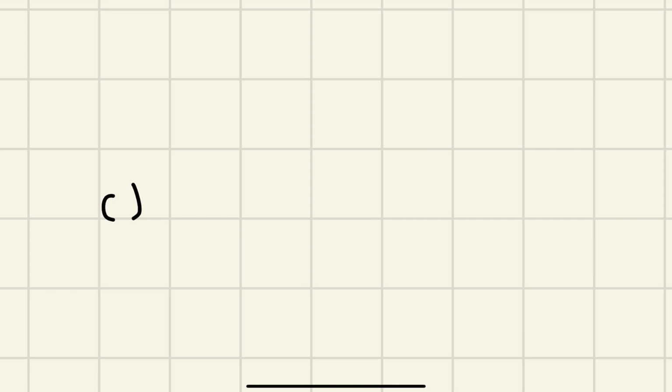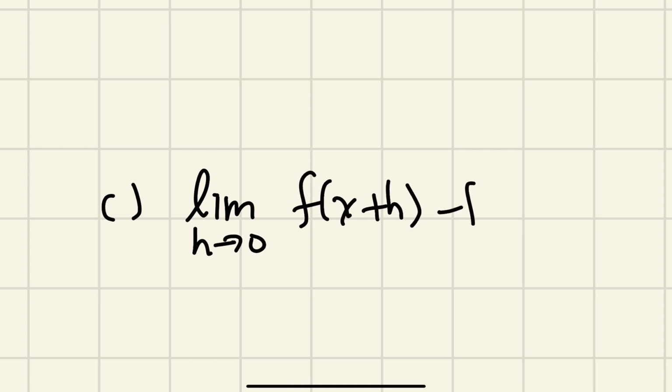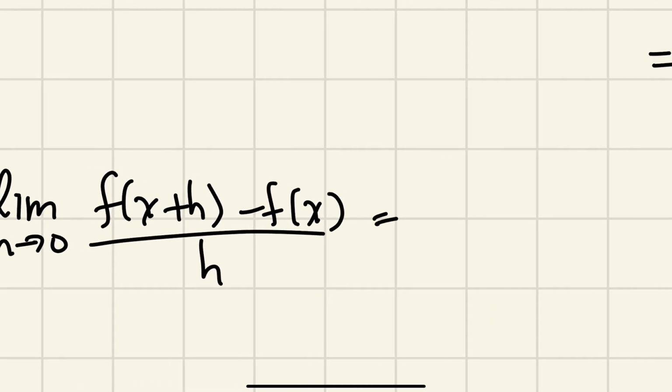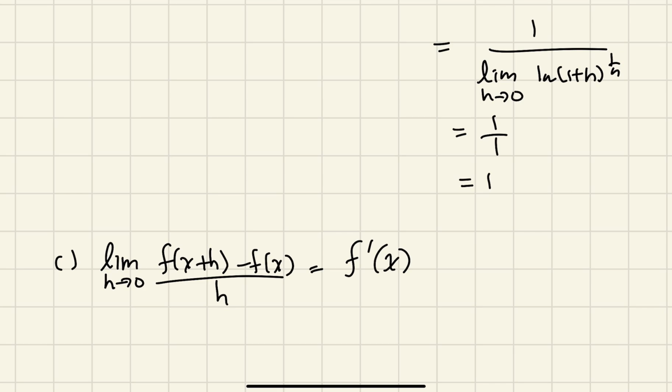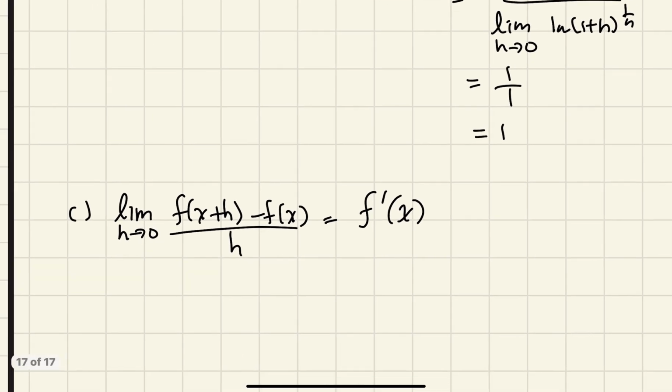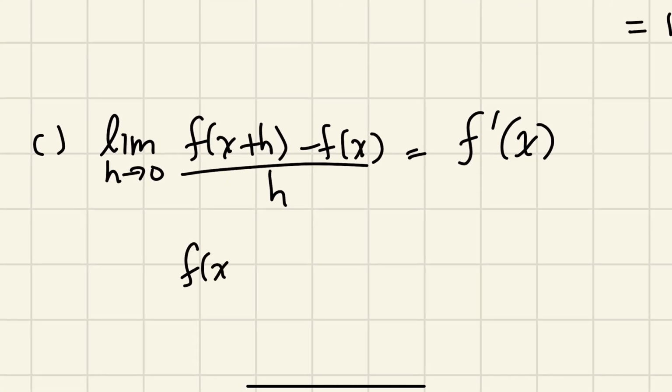We know the formal definition of a derivative: the limit as h approaches 0 of f of x plus h minus f of x over h equals the derivative of that function. Using this formal definition, we're going to prove that when f of x equals e to the x, the derivative f prime of x equals e to the x.